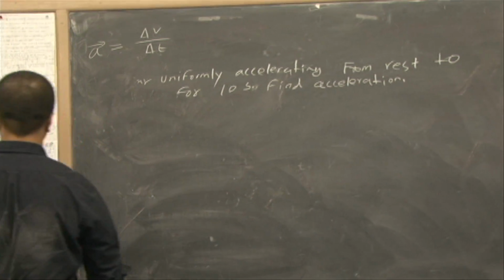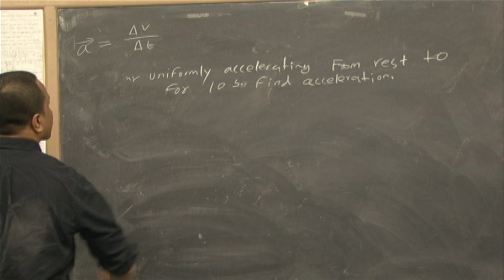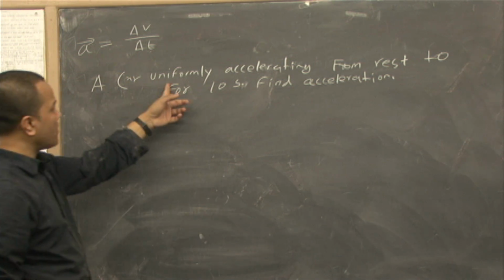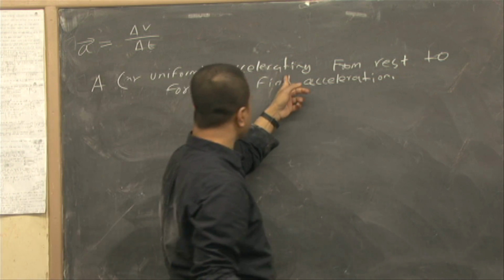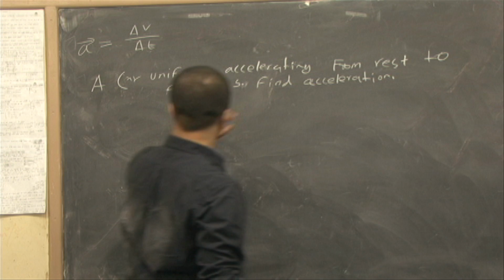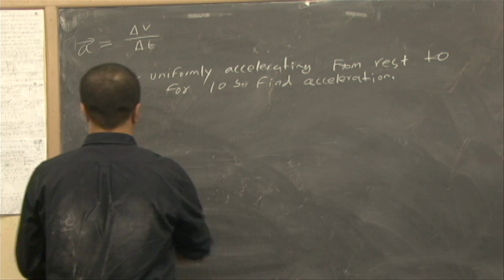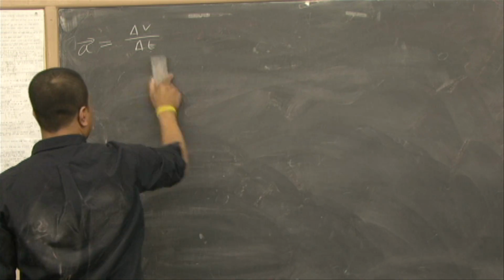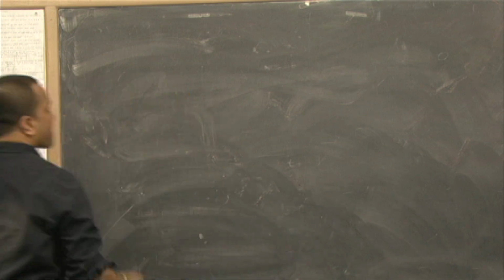So the velocity final is a car, a car uniformly accelerating. No, let's write some new question. I think this question is not good for this formula.